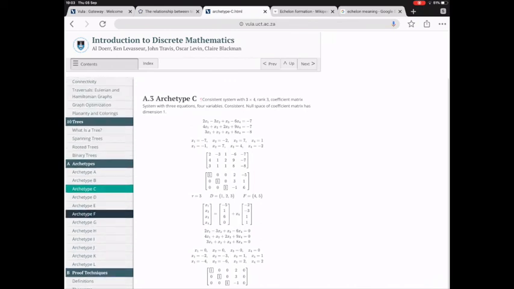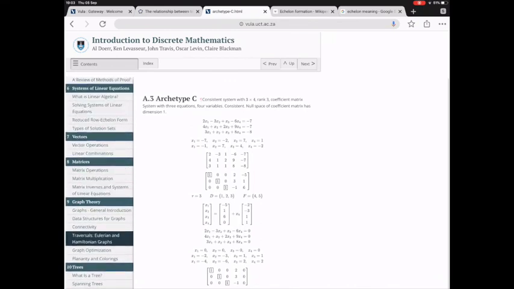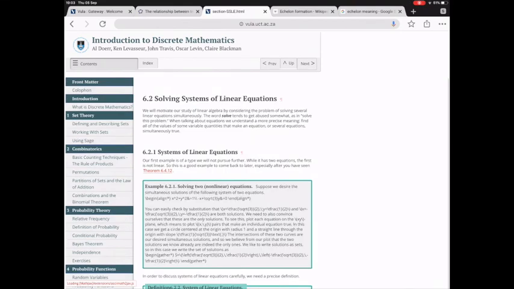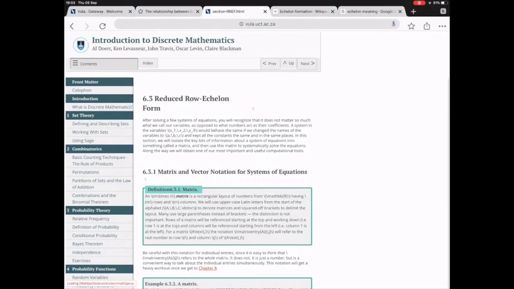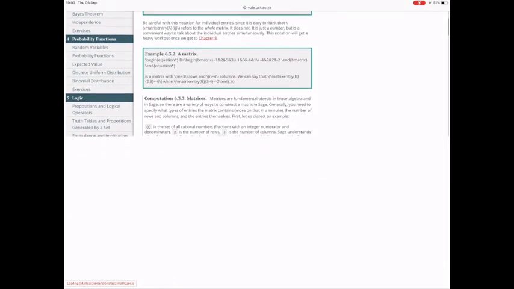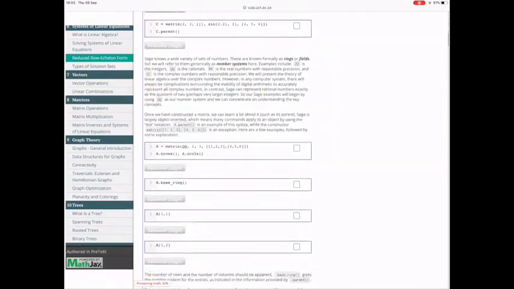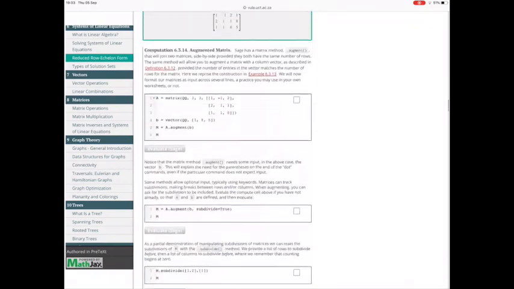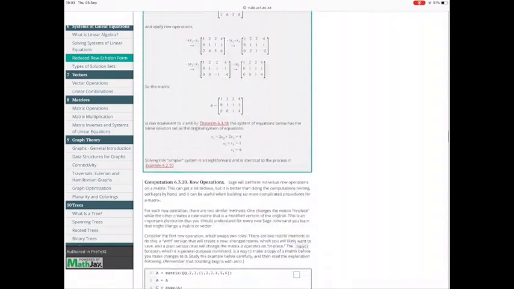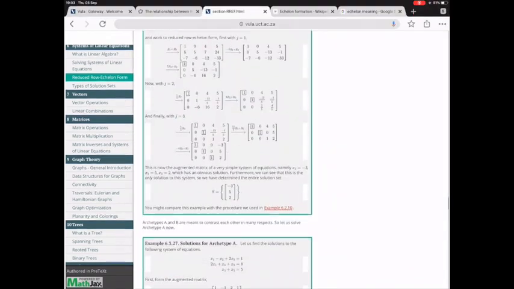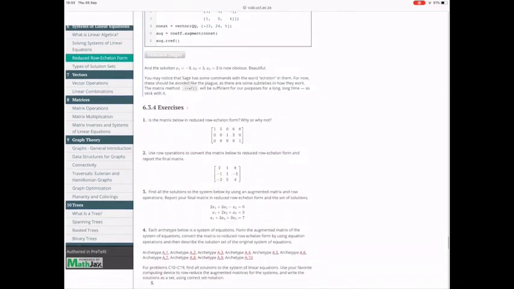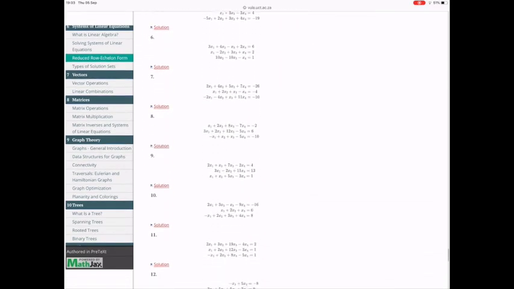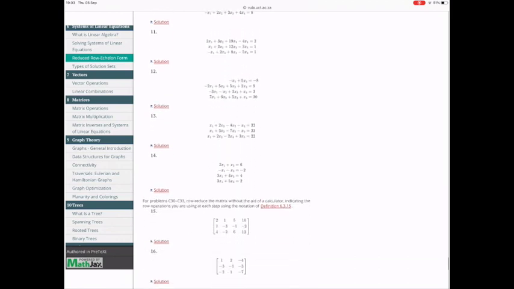There are also plenty of examples in our chapter on row reduced echelon form, which you can work through down at the bottom. So we've got more examples that are worked here, and then in the exercises, plenty of examples with solutions that you can work through.